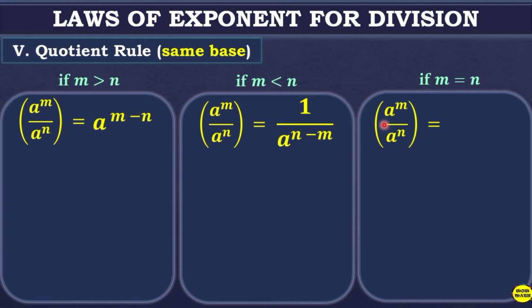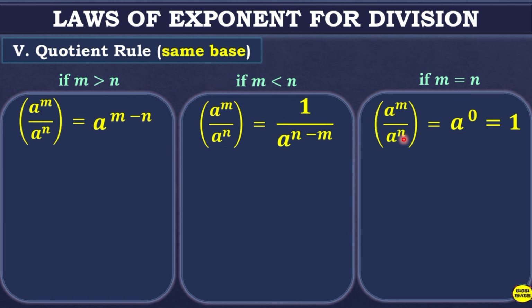Next. Paano naman kapag equal yung dalawang exponent mo? Dito naman, ima-minus mo siya, magiging 0. At kahit anong expression pa yan, basta naka-raise to 0, that is equal to 1. Okay? Ito lang po ang tatandaan: kapag mas mataas yung exponent ng numerator, kapag mas mataas yung exponent ng denominator, at kapag equal po yung exponents nila.